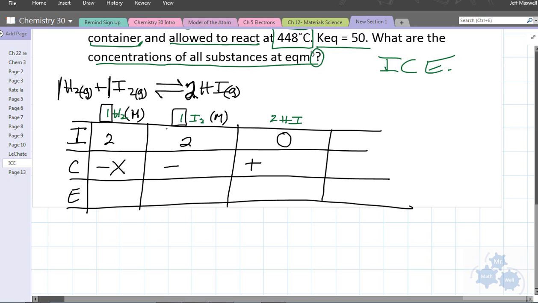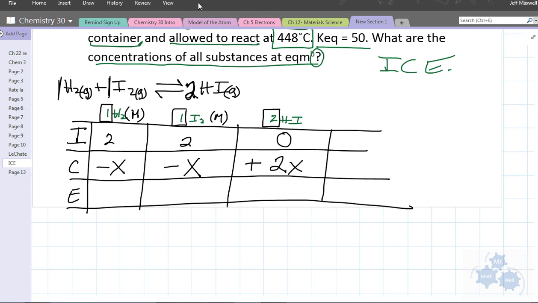Look at it, it's a 1-to-1 ratio. So whatever little change H2 goes down, I2 is going to go down exactly the same because it's a 1-to-1 ratio, right? So you have minus X, and you have minus X here as well. Now what's HI going to do? It's going to go up by 2X. Does that make sense?